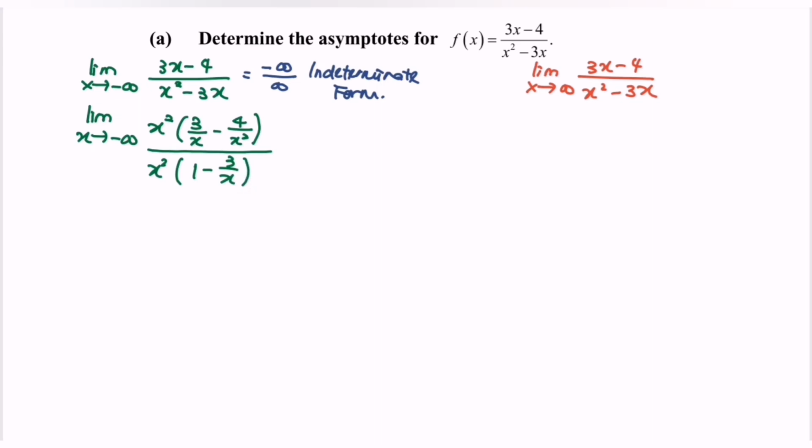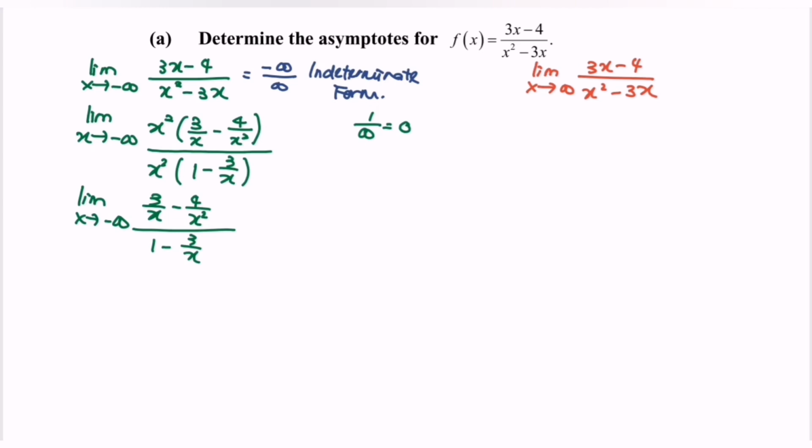Simplifying, the limit when x approaches negative infinity is (3 over x - 4 over x squared) over (1 - 3 over x). Kindly take note, 1 over infinity is equal to 0.